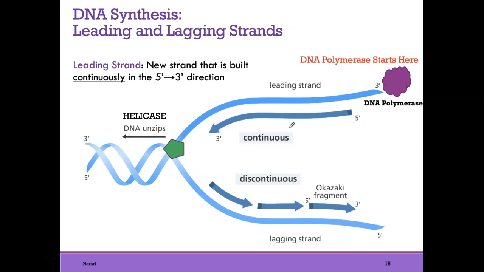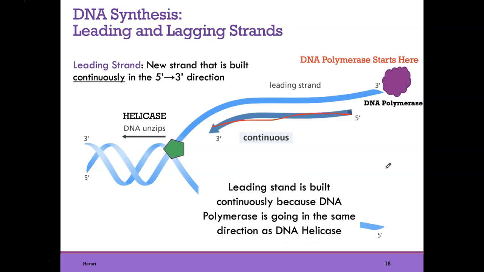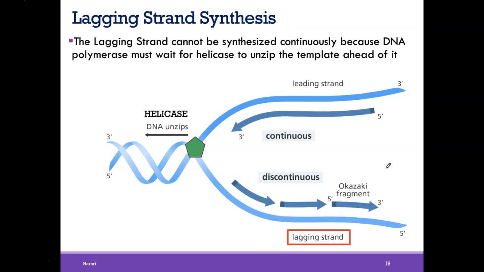So DNA polymerase can basically follow the same path as DNA helicase and continue to make DNA 5' to 3' continuously without a problem. Great. So this is called the leading strand because it's made continuously in the 5' to 3' direction. And it's built continuously because DNA polymerase is going in the same direction as DNA helicase.